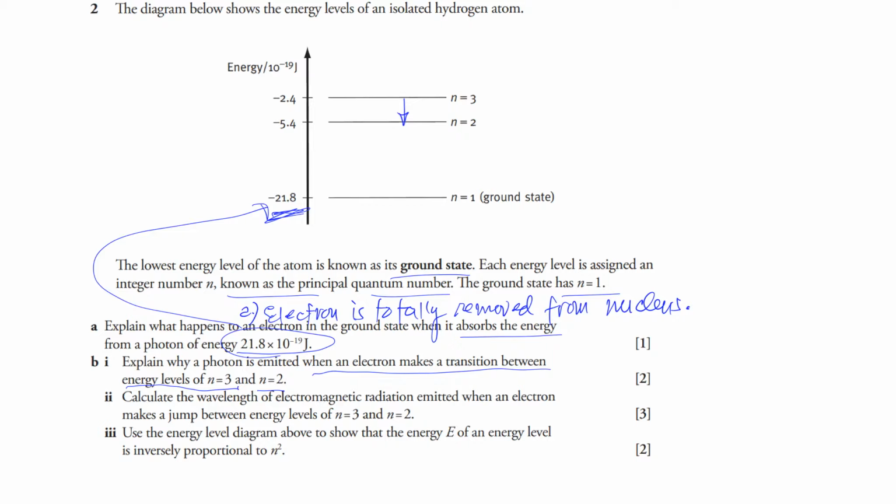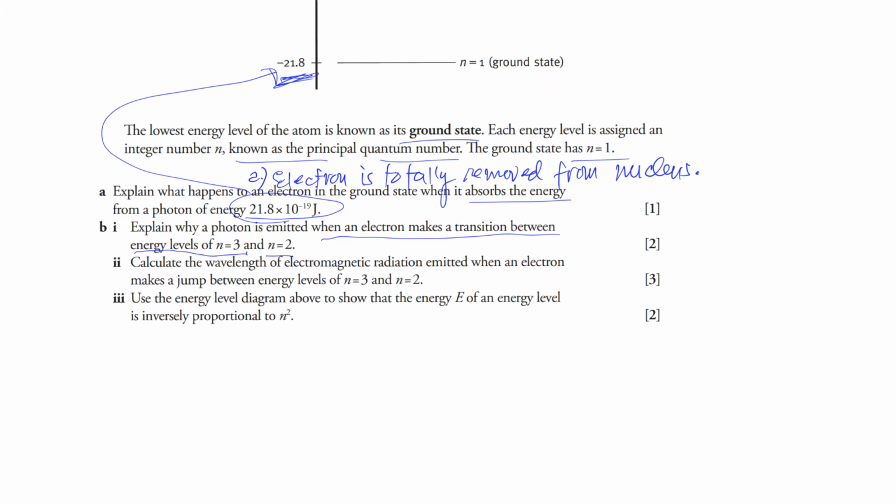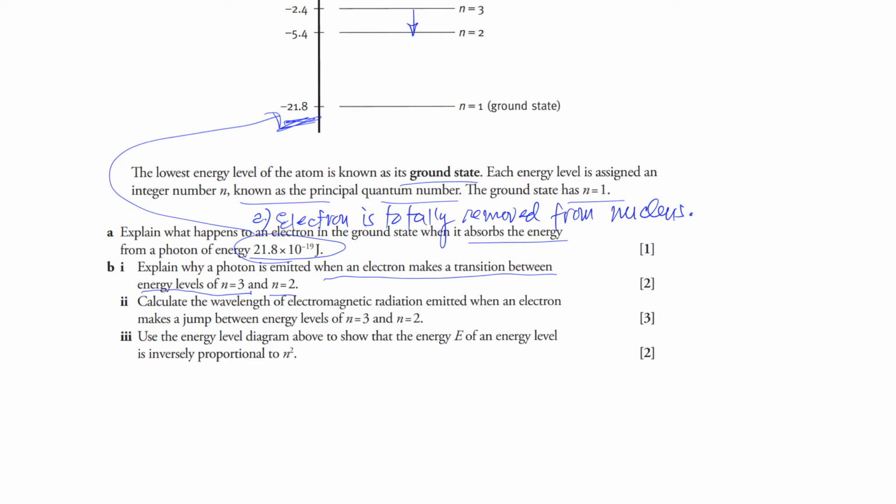Now, the reason for that is here, B1. Let me just write it here. The reason is the potential energy of the electron is less in n2 than n3.